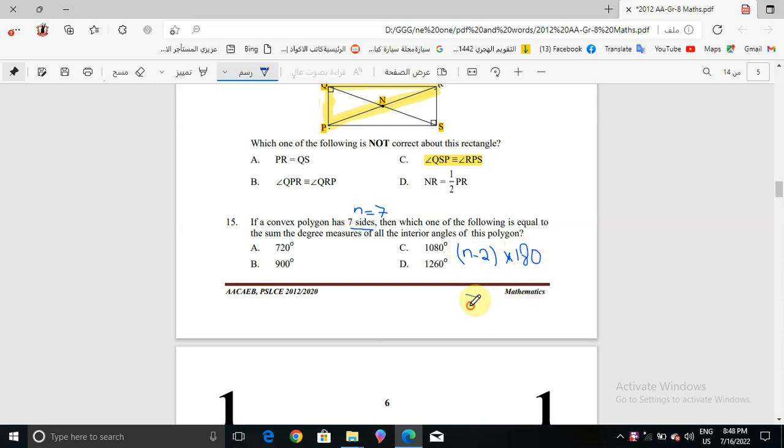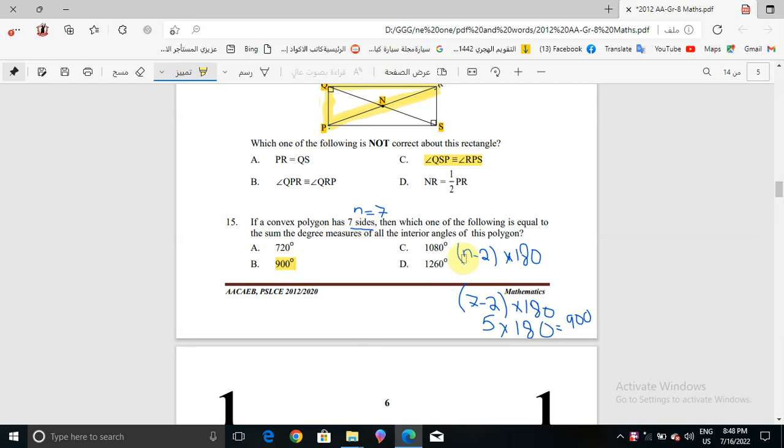So that means 7 minus 2 times 180. Then what we will have here is 5 times 180, which will be 900. So the correct answer for question number 15, which has the 900 answer, is in choice B.